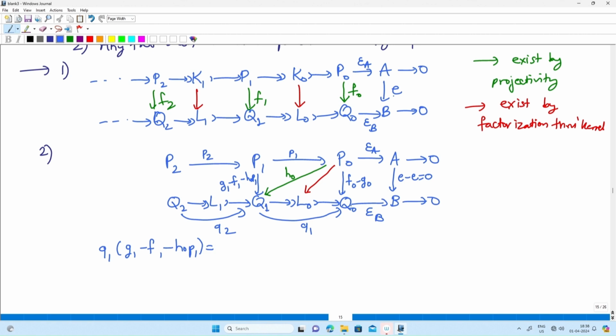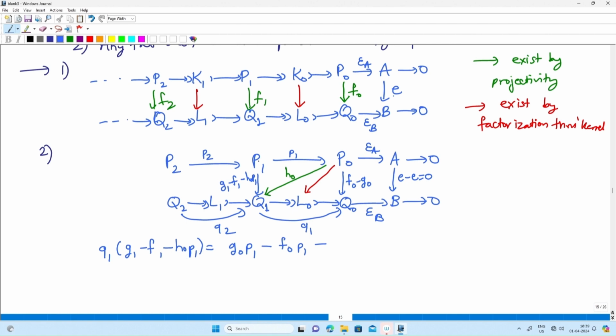So Q1 G1, what is Q1 G1? It should have to do with G. Yes, G0 P1. Then Q1 F1 will be F0 P1. And then minus Q1 H0 P1.